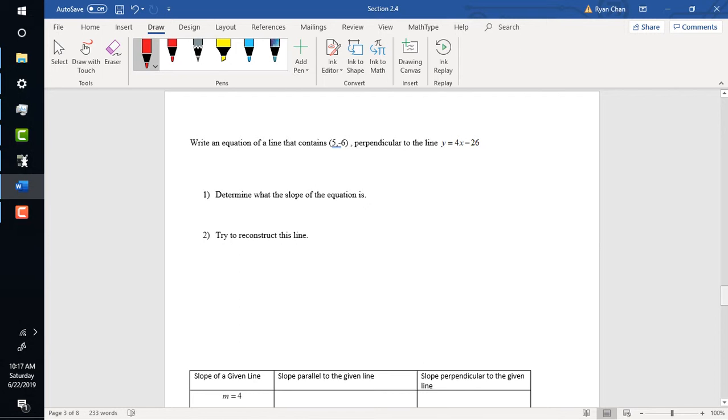So it says write an equation of a line that contains (5, negative 6) and is perpendicular to the line y equals 4x minus 26. Let's look at this. This time they want perpendicular, not parallel. Perpendicular means it is the opposite reciprocal.